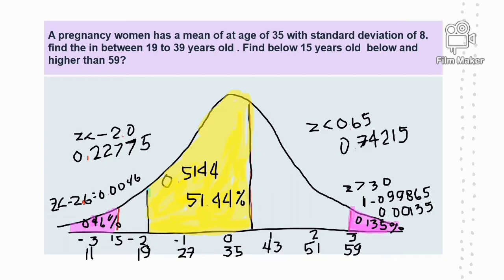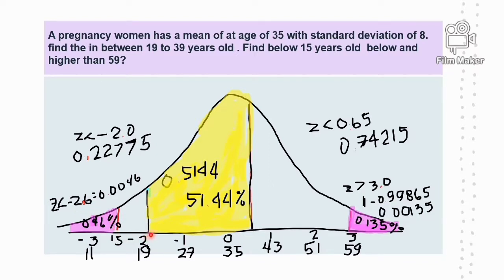And then Z of 3.0, a value of 0.9986. So I repeat, Z less than negative 2.6 is 0.0047.